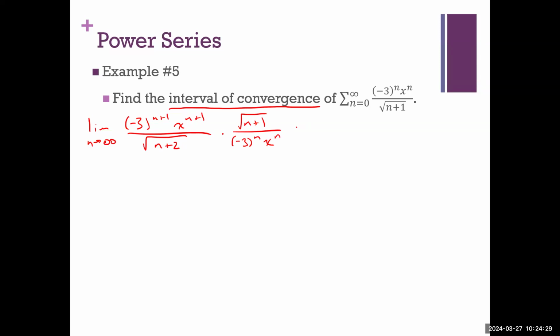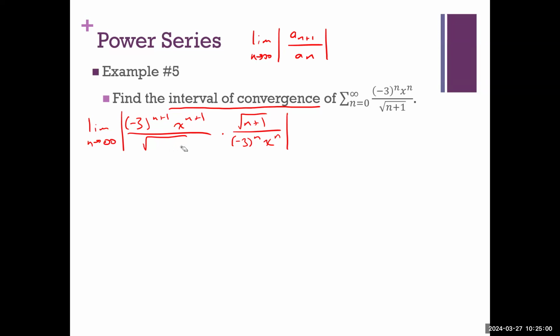Ratio test is, as always, the limit as n goes to infinity of the absolute value of this quotient of back-to-back terms. Why is it square root of n plus 2? Good question. It's n plus 1 plus 1.